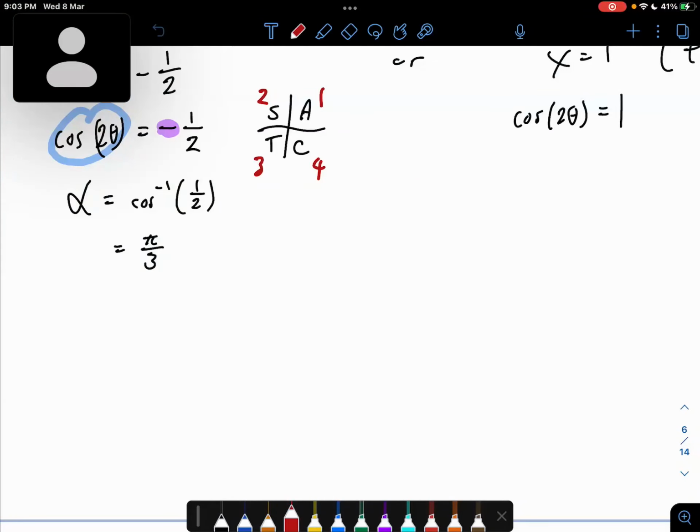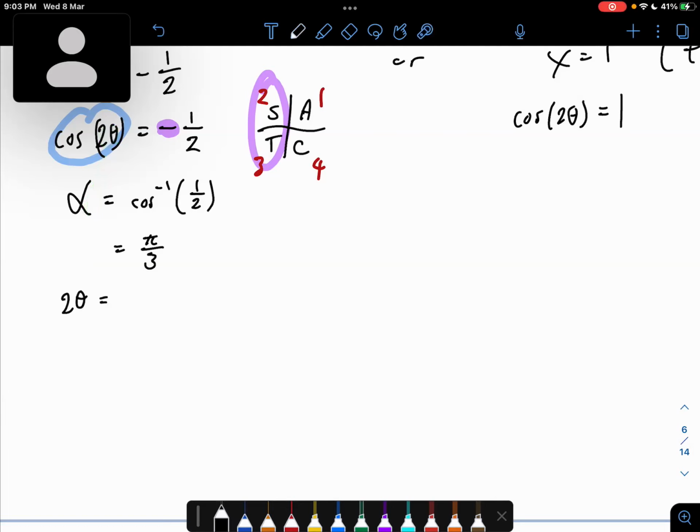Right. We found the alpha, the reference angle, basic angle, pi over 3 in radians because we're doing differentiation now. So which quadrant for negative value? S and T, okay, good. So just circle these two. So that means your final answer for 2 theta, not theta, it's 2 theta. Follow whatever is in between the brackets.